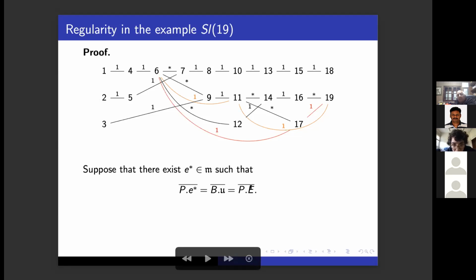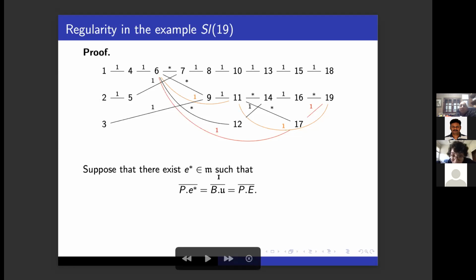So clearly, if I have equality, at some point E star is in E, it could be in P, but it is what is given. So therefore, E star is in big E.